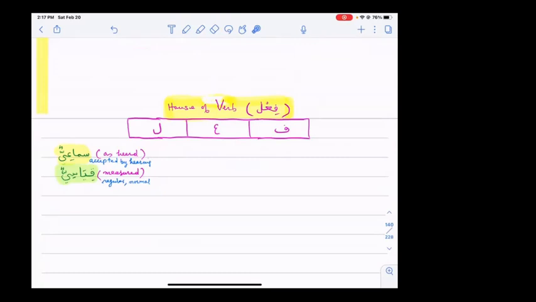Now, this is the house. The city authorities said you have 3 residents in the house: fa kalima, ain kalima, lam kalima. So here is a permit for you to build the house with 3 rooms, 1 room each for fa kalima, ain kalima, lam kalima, or you can say first radical, second radical, third radical. Then we said we want to add another member in the family, so we want 1 more room.